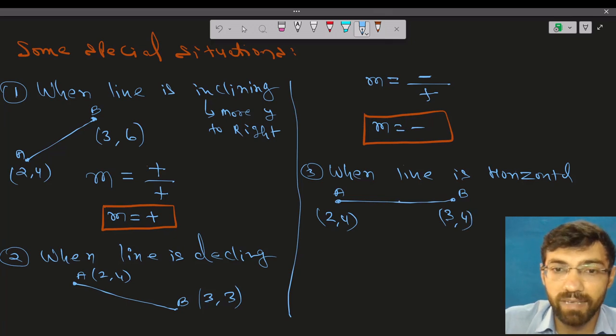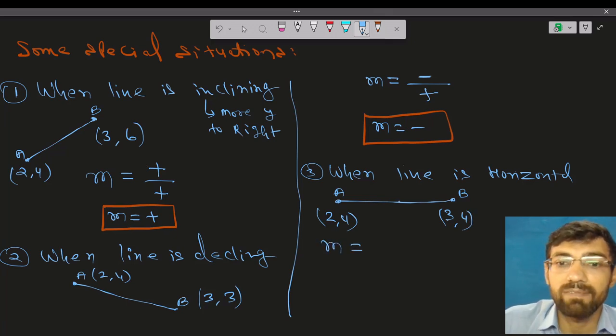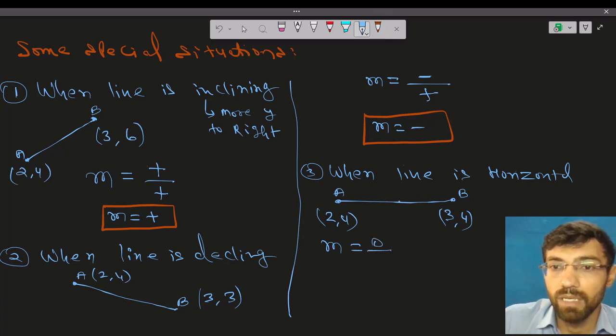In this case, when I try to calculate my gradient, it will be change in y upon change in x, which is y2 minus y1. So 4 minus 4, that is 0, upon 3 minus 2, that is 1. Let us say it is 0 upon anything, because I am not concerned about the denominator. If your numerator is 0 and denominator is anything, your final answer is 0 only.